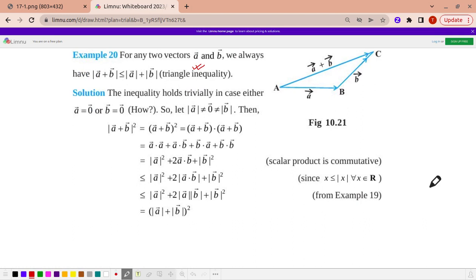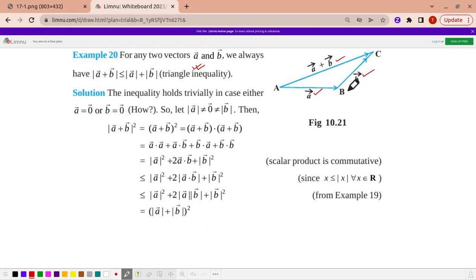Obviously, if you apply the fundamental understanding of vectors represented by the three sides of a triangle, consider vector AB as vector A and vector BC as vector B. Then AC will be the vector A plus B, and obviously the modulus of the vector A plus B, that means the length of side AC, is always less than or equal to the sum of the other two sides, that is the moduli of the vectors AB and BC.